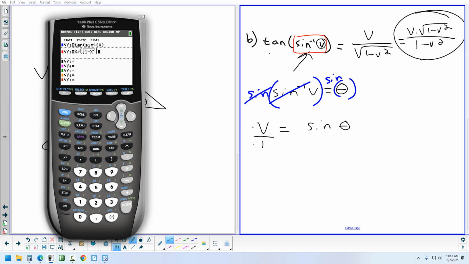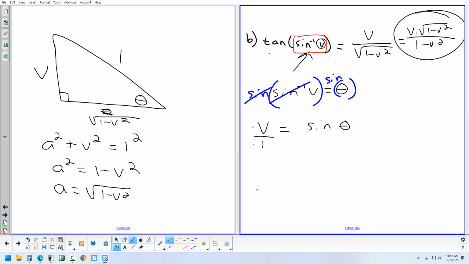I think that should be okay. Let's hit graph. Okay, I don't really care what it looks like. I just want to see, do I get the same graph twice? And I do. That doesn't prove that it's right, but it definitely suggests that we did it right. Okay. Any question on how we did that one?